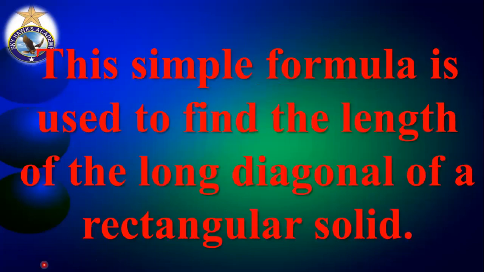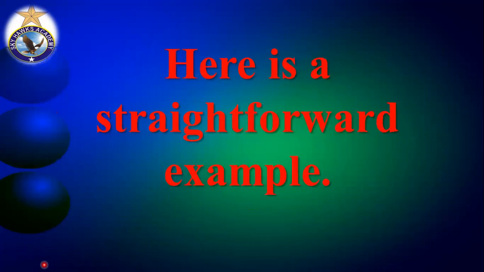This simple formula is used to find the length of the long diagonal of a rectangular solid. In a rectangular solid you can find the diagonal; that will be the third side, and you can get the angle 90 degrees.